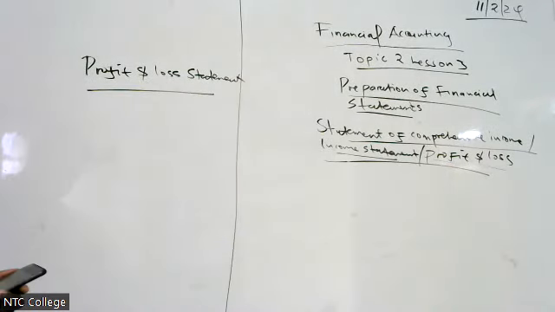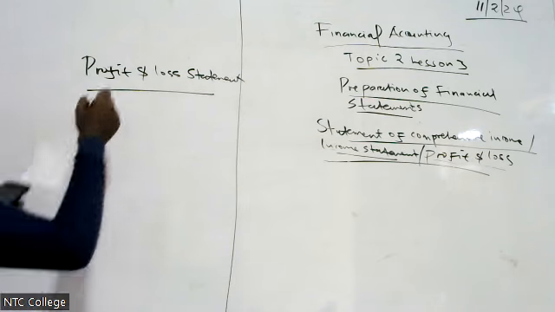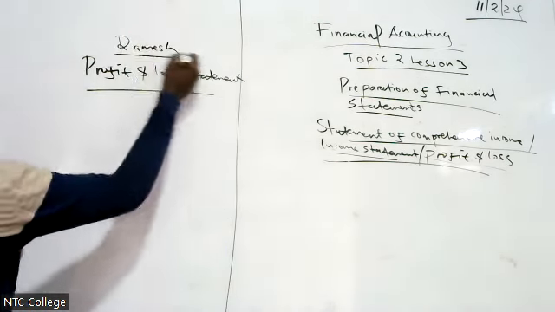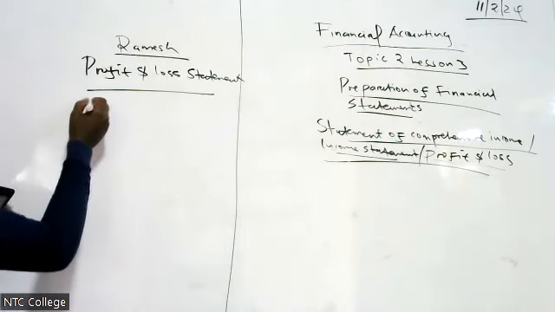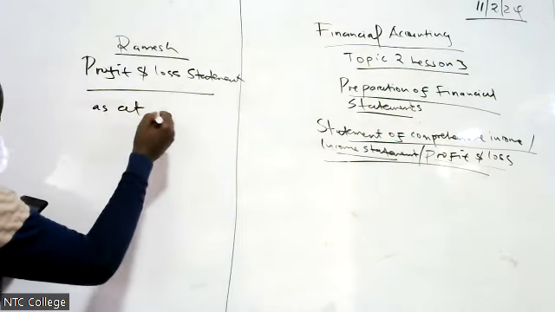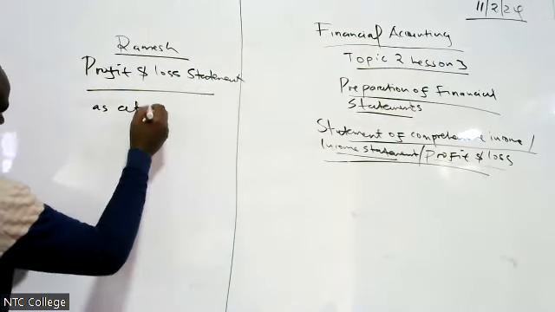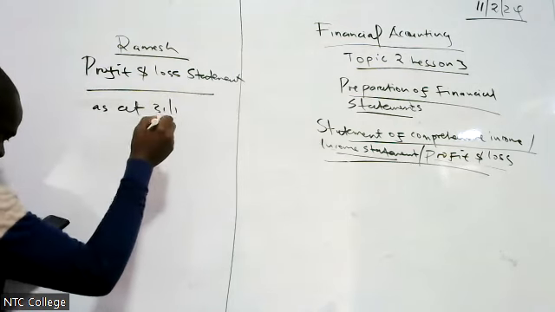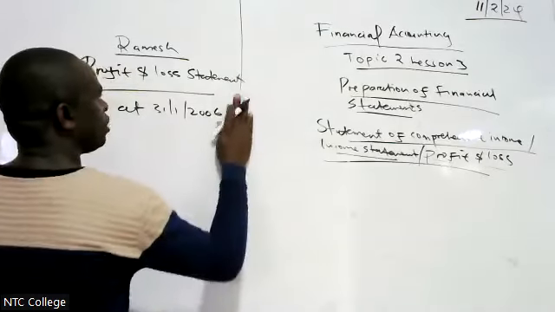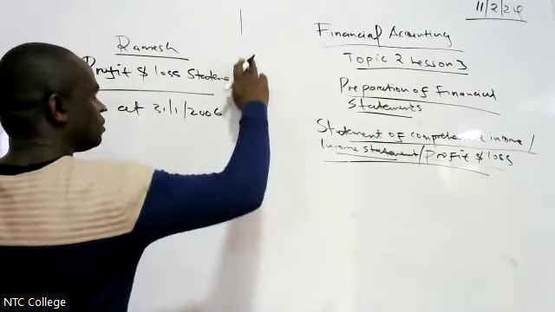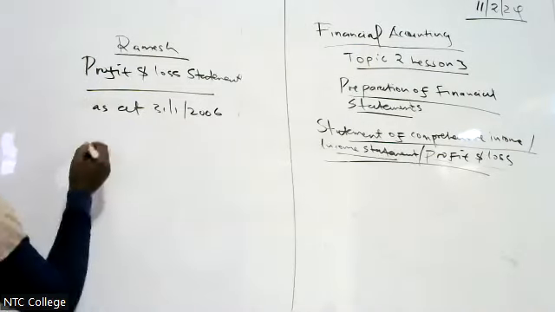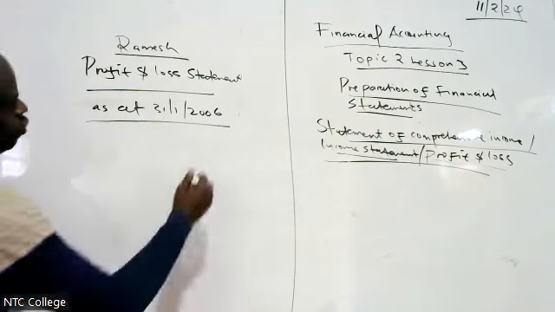In this case, we were looking at profit and loss for Ramesh as at 31st January 2006. Already here, I told you to put shillings.